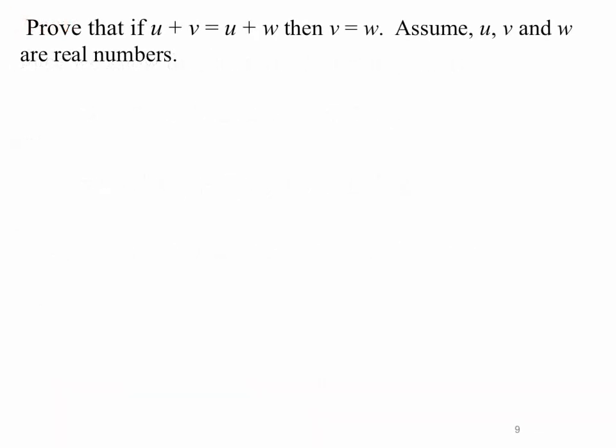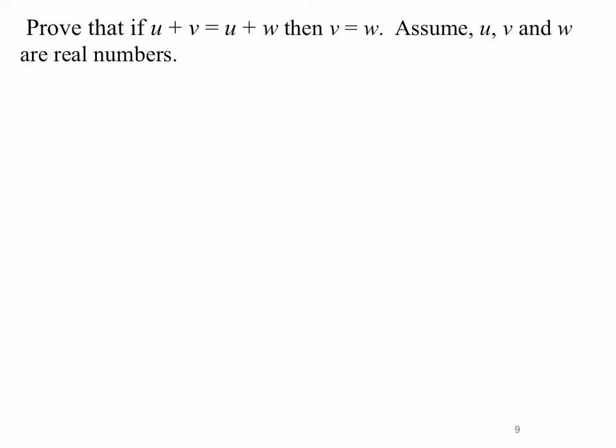So here's another statement that I like to prove. I want to prove that if u plus v equals u plus w, then v equals w. And I want to assume that u, v, and w are real numbers. And we could do this if they were vectors in Rn, but in this case, these are real numbers.